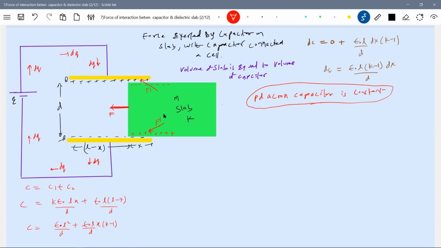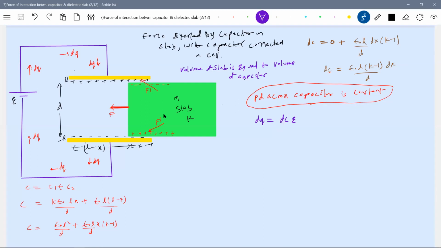Now shall we calculate the expression for dq? So dq is given by dq equal to dC into E. The increment in charge. So when the slab moves by a small distance dx, how much additional charge will flow into the capacitor? dq.